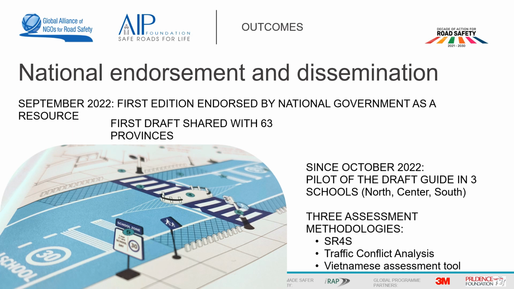Since then, AIP Foundation has been implementing this draft guide in schools in 3 locations in the north, center, and south of Vietnam with 3 different methodologies. And among those assessing methodologies is the Star Rating for Schools system that had been introduced earlier.